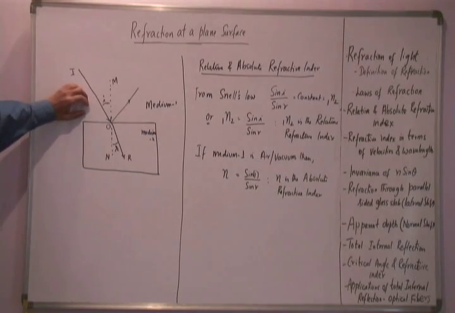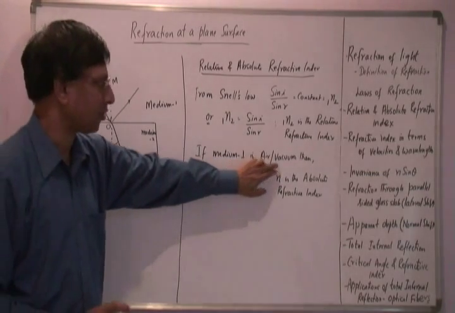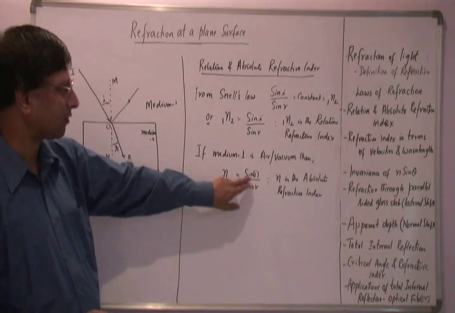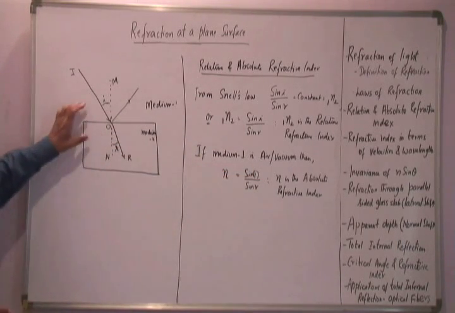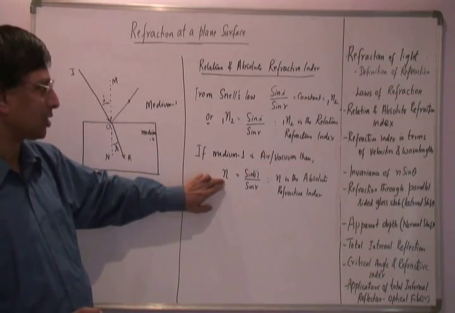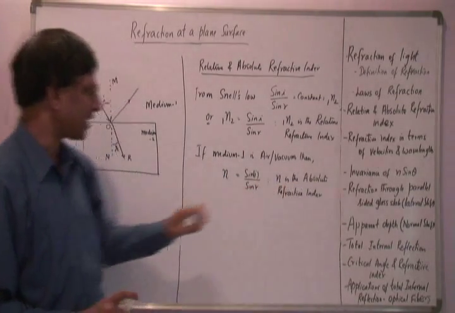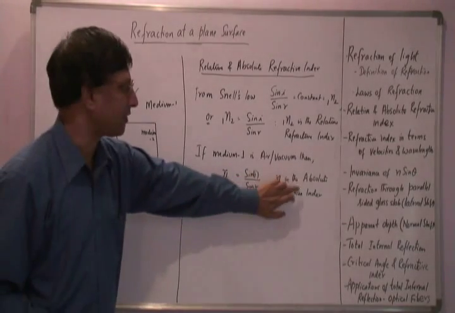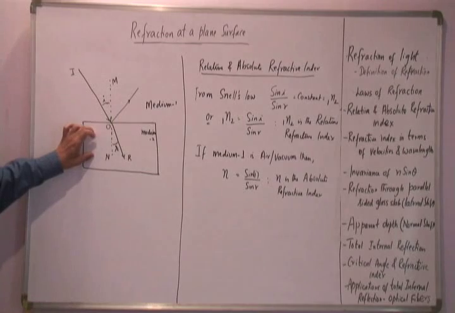However, if medium 1 turns out to be air or vacuum, then the constant ratio that we get between sin i by sin r is called the absolute refractive index of medium 2.